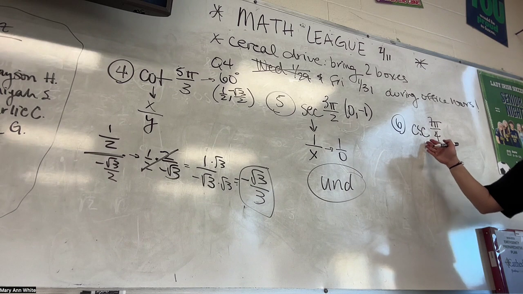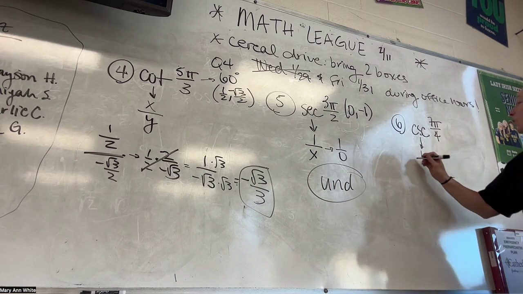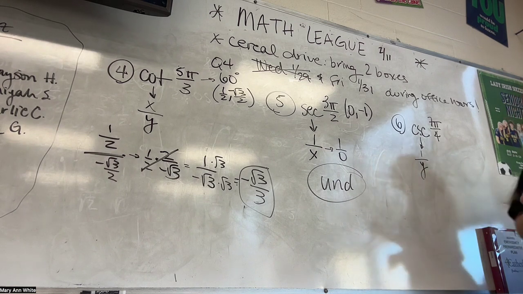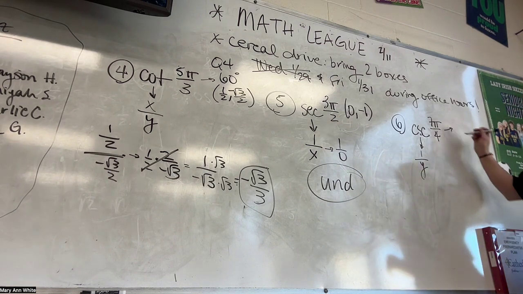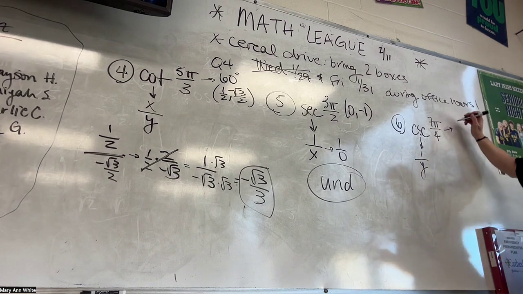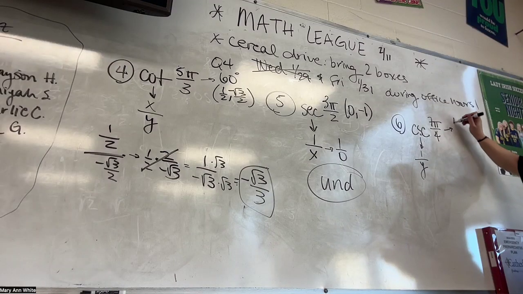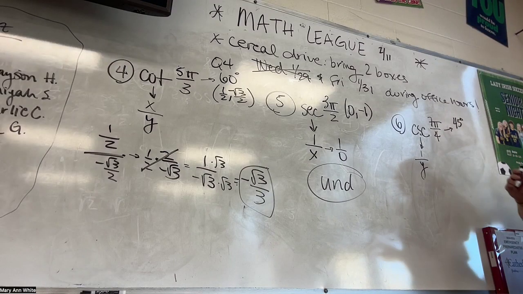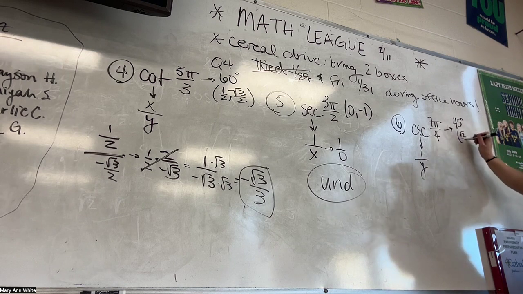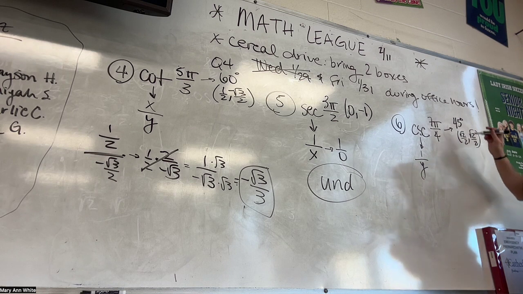And then last one, cosecant. What is that in terms of x and y? Sine, so it's 1 over y. And 7 pi over 4, is that a 30, 45, or 60-degree angle? 45. I know that that point goes √2 over 2, comma √2 over 2. What quadrant would 7 pi over 4 be in? 4, very good.